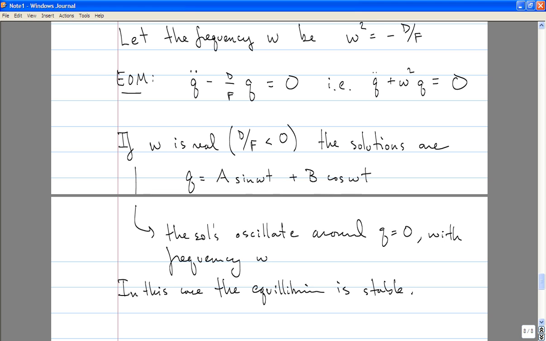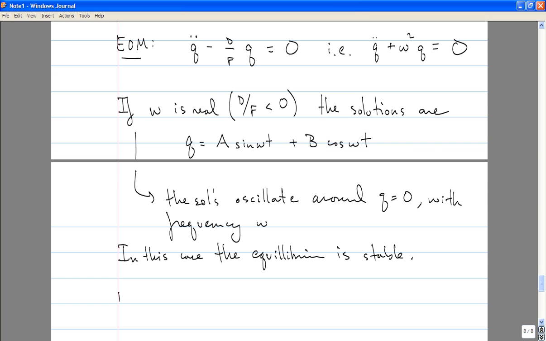On the other hand, if omega is imaginary, which is to say if d over f is positive, then the equation looks like q double dot now minus a positive number, which is the absolute value of omega squared times q, is equal to 0.